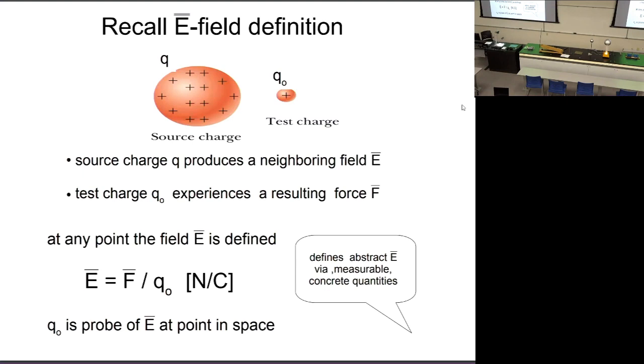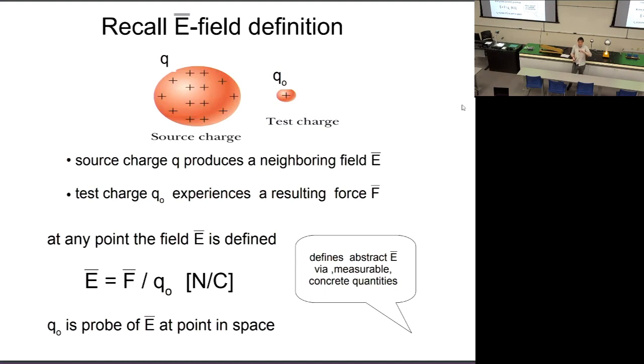Remember when we defined the electrical field, we imagined what was called a source charge and what was called a test charge. The source charge was just any old arrangement or blob of charge that would create an electrical field. And then the test charge was really the probe of the electrical field, how we were going to define the electrical field.